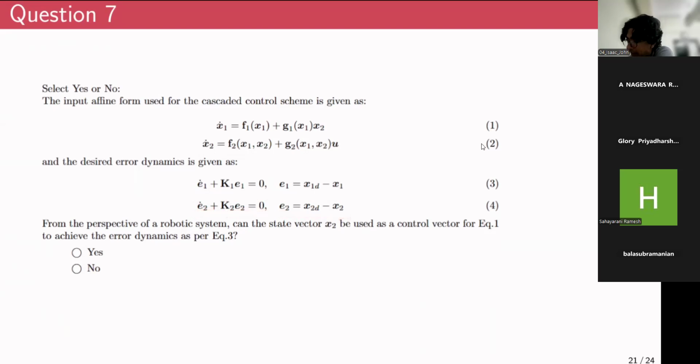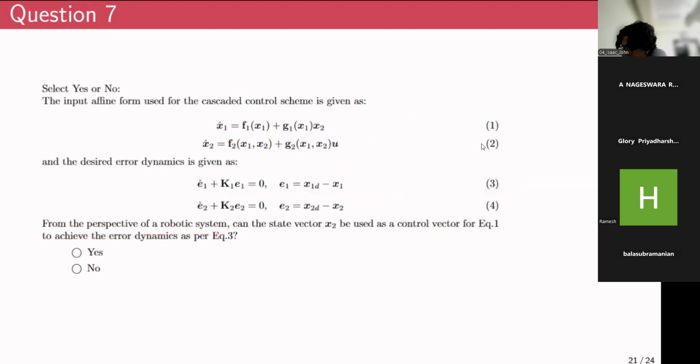So the statement is, from the perspective of a robotic system, can the state vector x2 be used as a control vector for equation 1 to achieve the error dynamics as per equation 3? Can we really use x2 as a control vector?